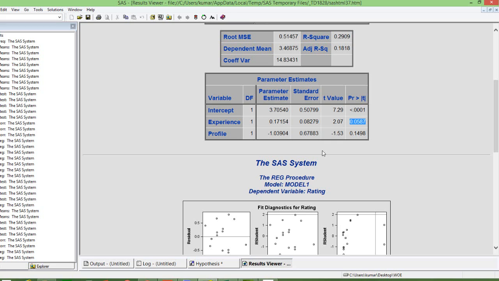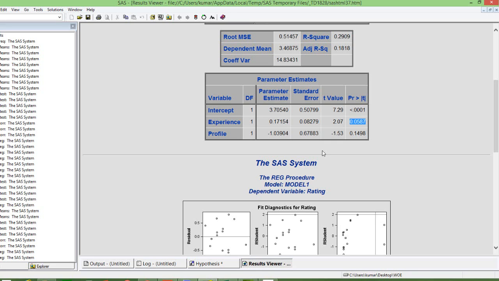Why is that so? We could think of this situation like this: the relationship between performance level and experience, as we have already seen even in the correlation analysis, is different in different job profiles. So if you pool the data and do the regression together, the relationship will not be very clearly known.